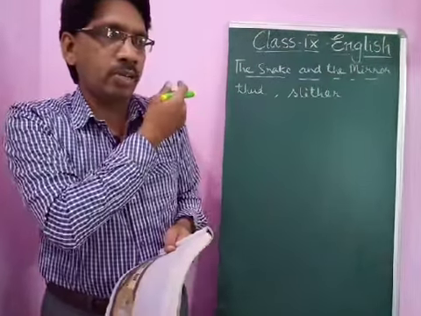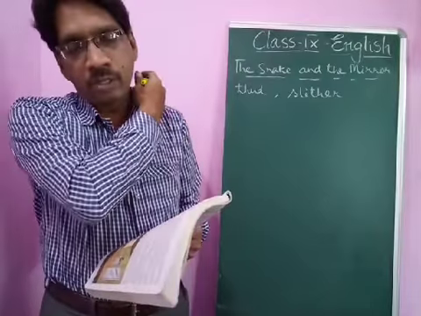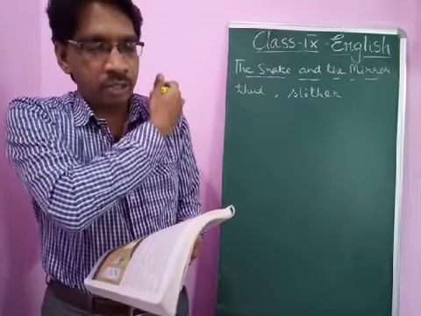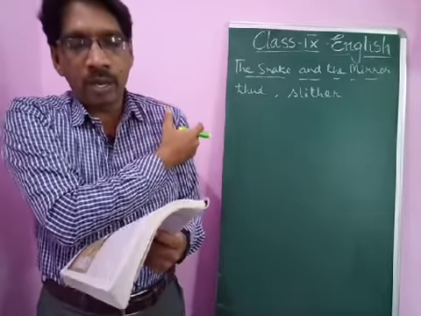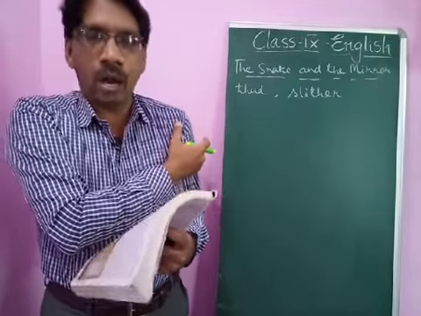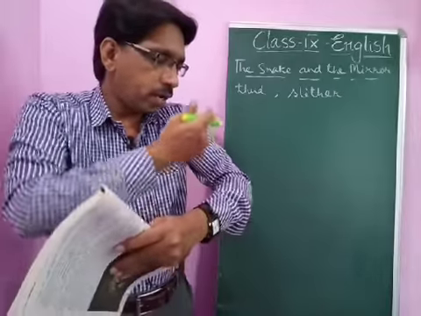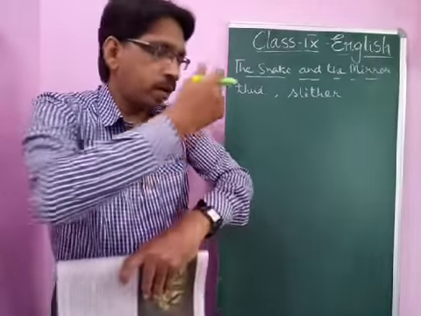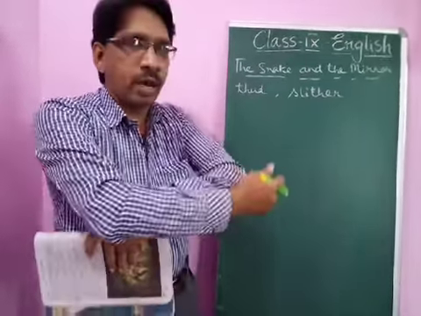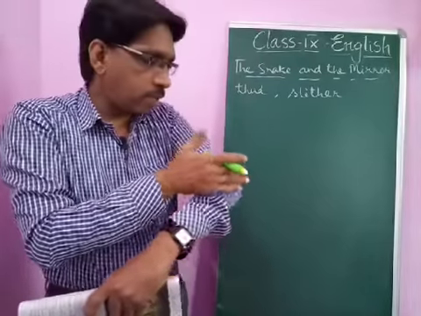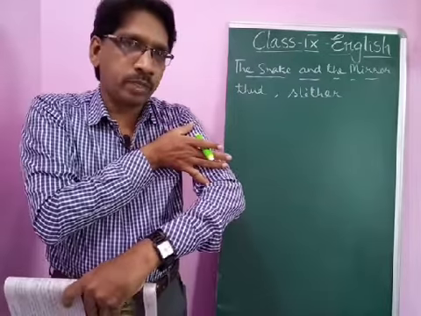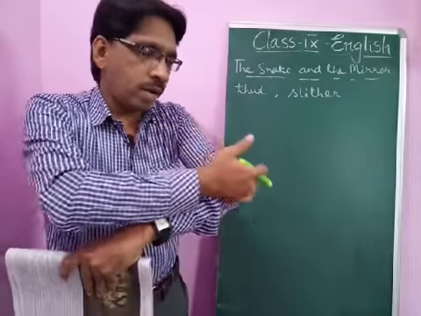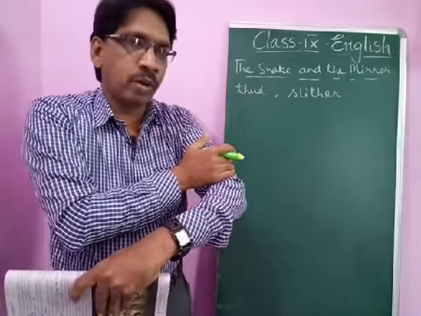The snake landed on his shoulder, and slowly it started moving along his shoulder and coiled around his left arm. This is the elbow, and above the elbow means this part. The snake coiled itself on his shoulder, on his arm.